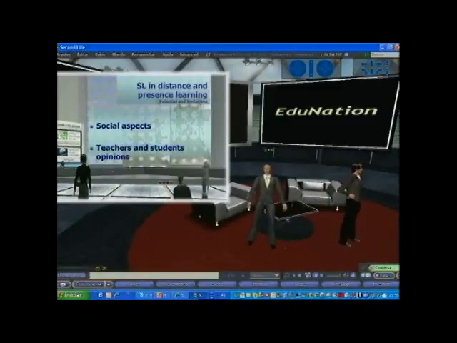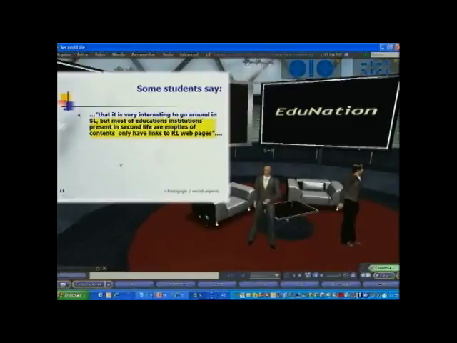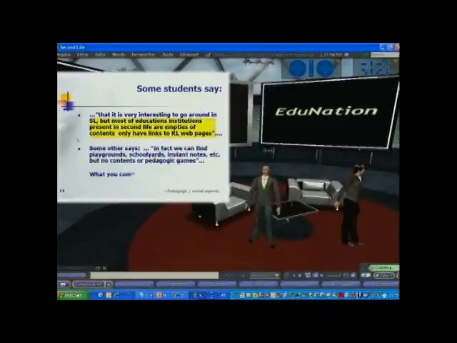education activities. Okay, I'm going to put another question or another situation. Some students say that it's very important to go around in Second Life, but most education institutions present in Second Life are empty, or they have links to real life web pages.